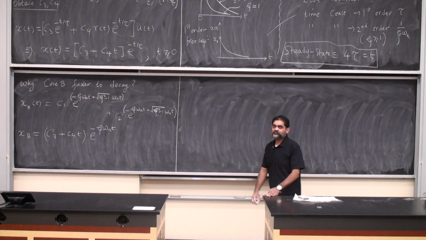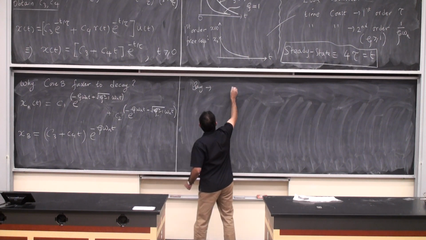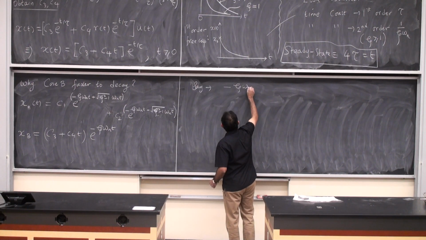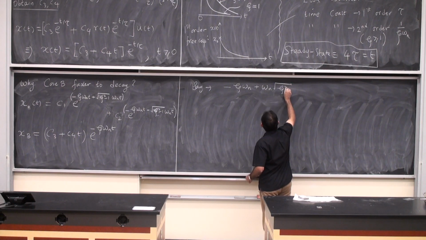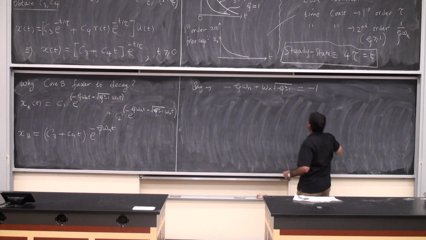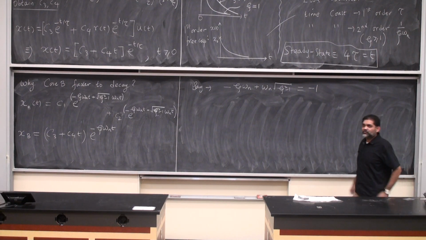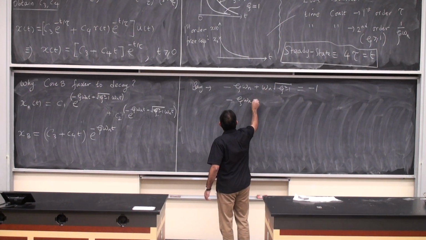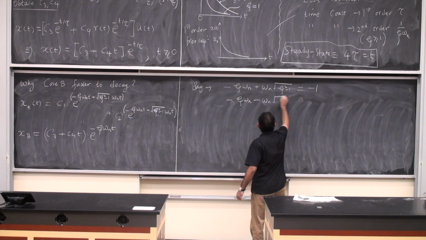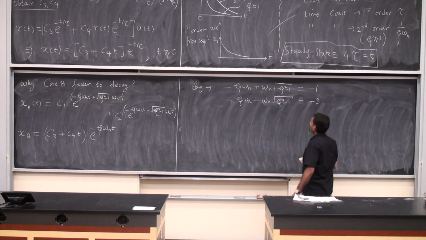Let's say minus theta omega n plus the square root term, that's equal to some magnitude of minus 1. I just choose my parameter such that I get minus 1 as the magnitude. Likewise, minus that is some minus 3.